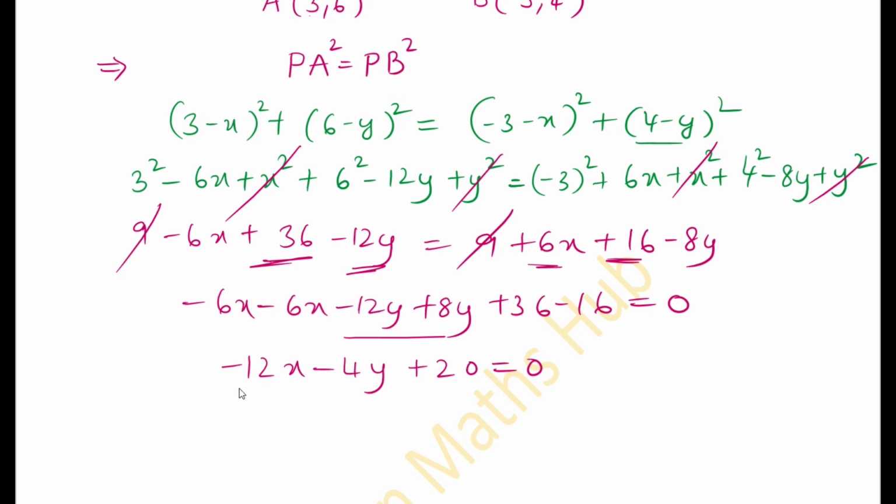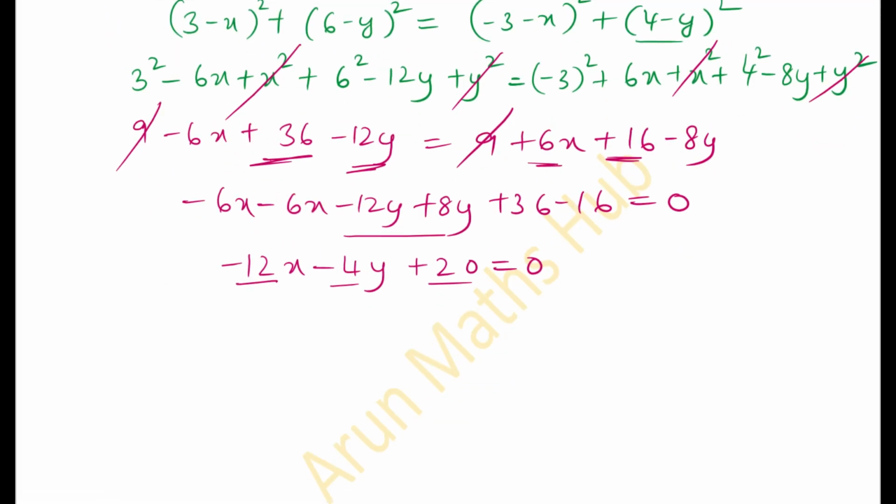Now what is common here? We have minus 12, a multiple of 4, minus 4, a multiple of 4, and 20 is also a multiple of 4. What I'll do, I'll divide all the terms by minus 4. Why minus? Because I'll keep the x variable as positive, y as positive, and the constant as negative.